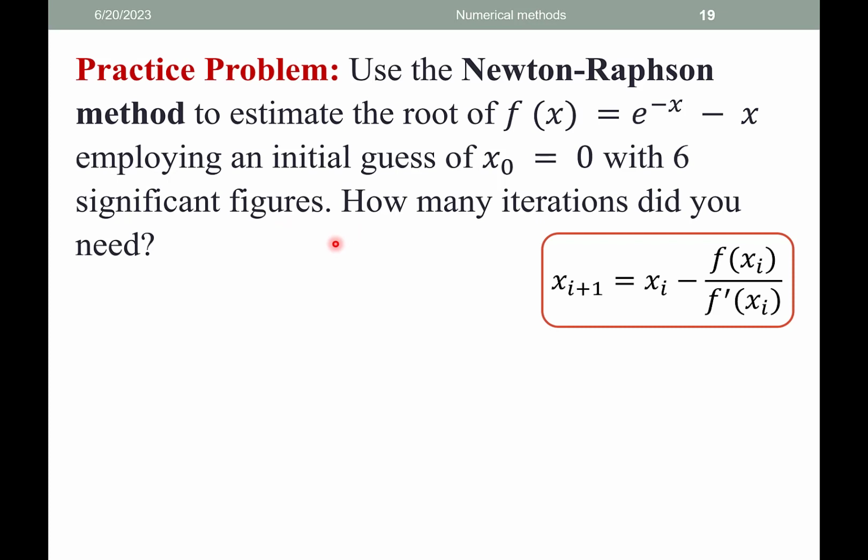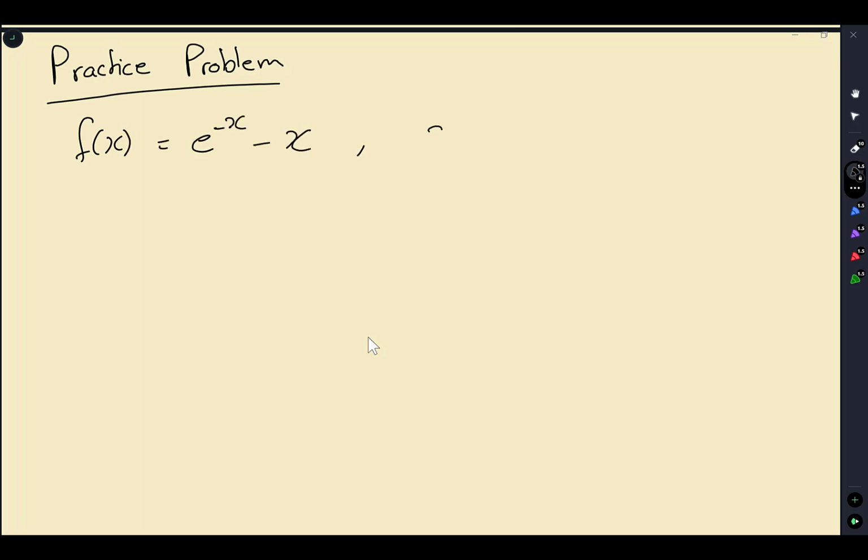All right, so let's try this out. This is the practice problem, and we have the function f of x equals e to the negative x minus x with an initial guess of x0 equals 0. And we want to get at least 6 significant figures which are accurate.